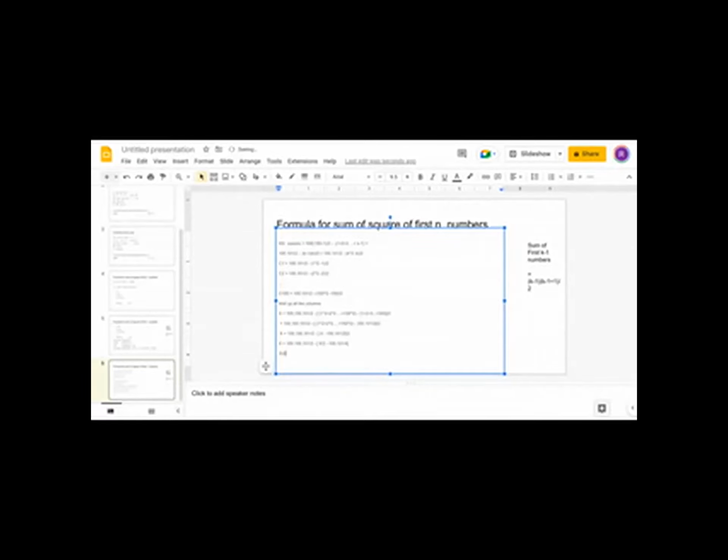So 3x by 2 is equal to what? What will I get? 100 into 100, this 100 into 100 into 101 by 2. So I made a mistake. 3x by 2. And then what else? That plus.